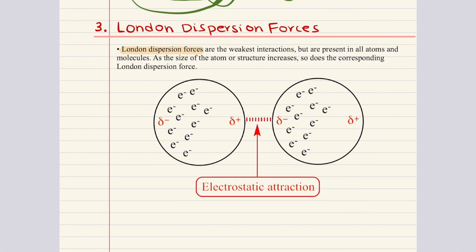So as electrons are always in motion, they can create temporary and uneven distributions of electron density, leading to the formation of temporary dipoles. These temporary dipoles induce similar dipoles in neighboring molecules, resulting in a weak attractive force between them. Despite their weakness, though, London dispersion forces play a crucial role in the properties and behaviors of a lot of substances.